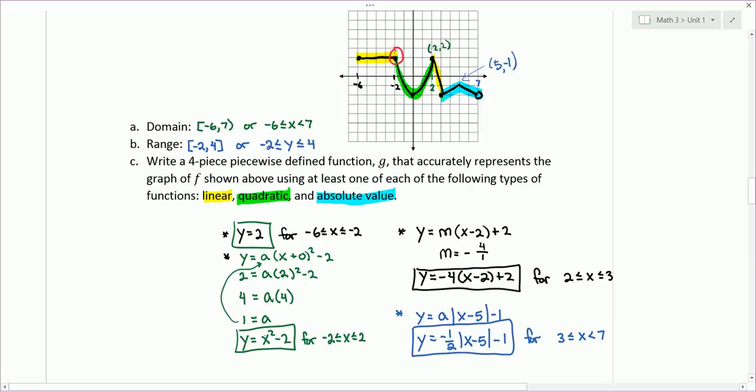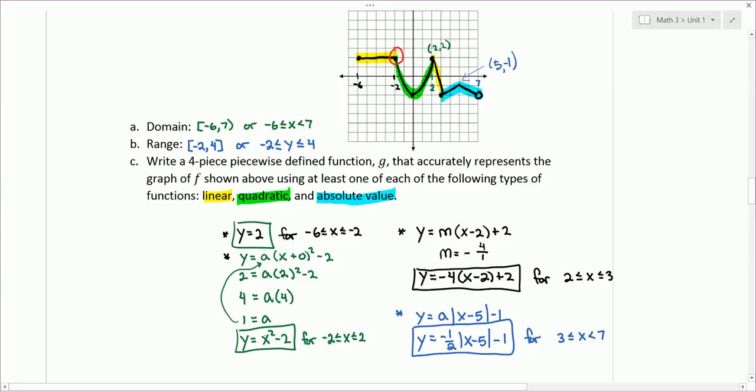That point I circled in red. We need to decide, do we want that point to belong to the line, or do we want that point to belong to the parabola? When we put everything together in our piecewise function, we can't have it belonging to both. And so it does not matter which one belongs to which. I'm going to make it belong to the line. So I'm going to leave the line alone.